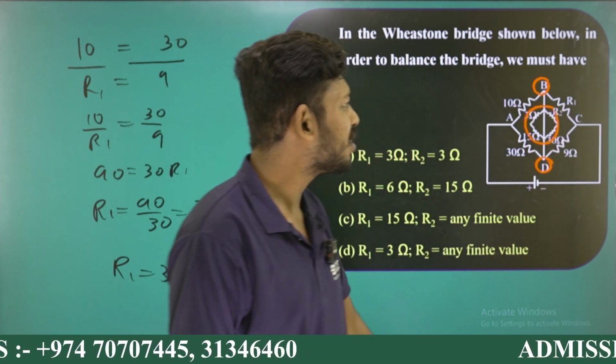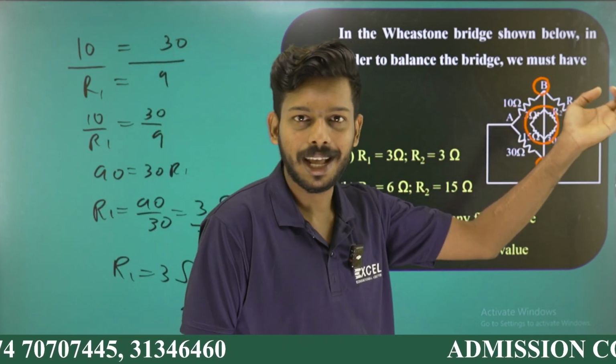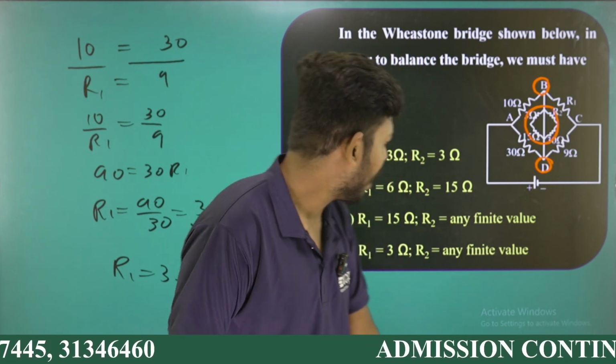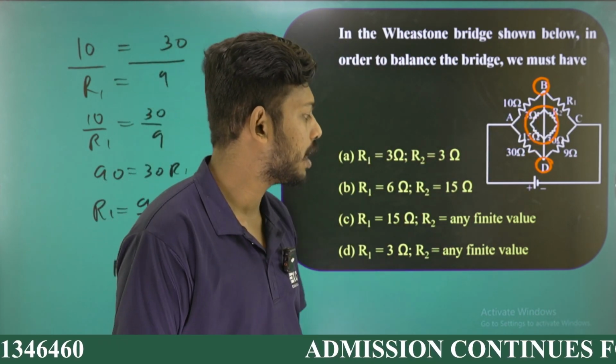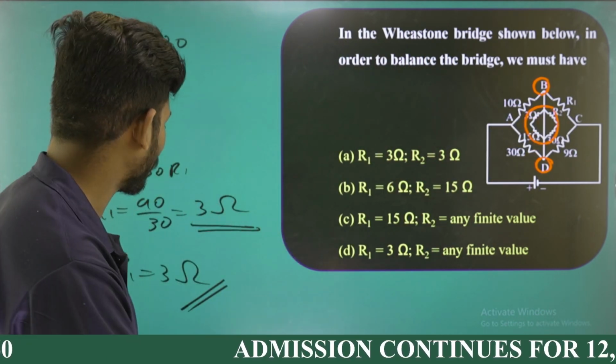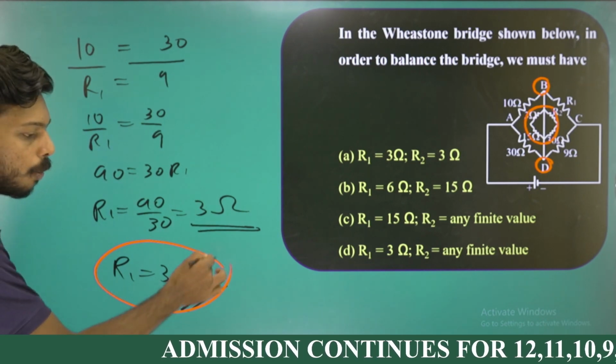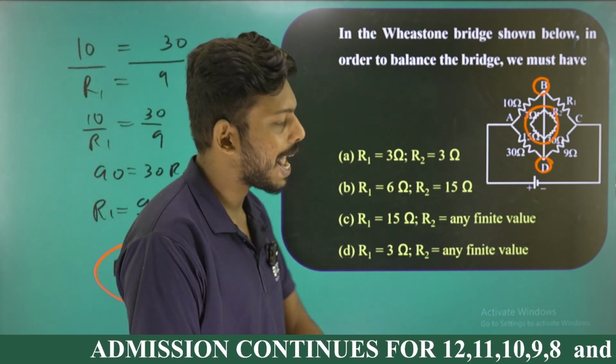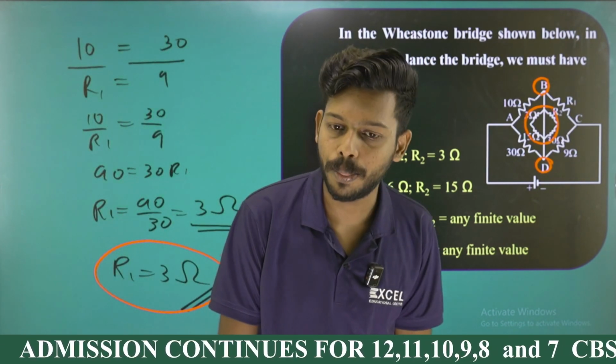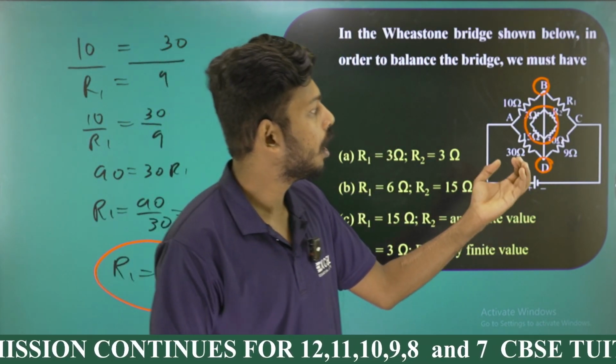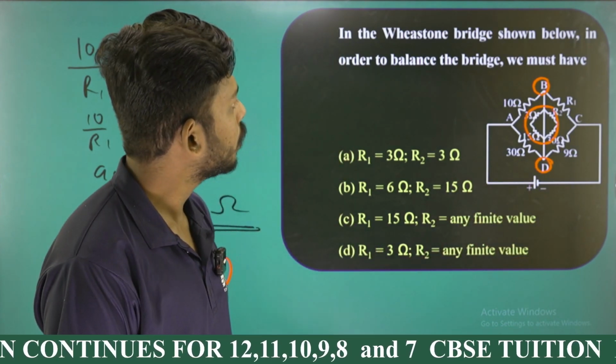It's actually there to confuse us. It has no significance. The R2 value can be any finite value. So R1 should be 3 ohm and R2 can be any value. It doesn't matter.